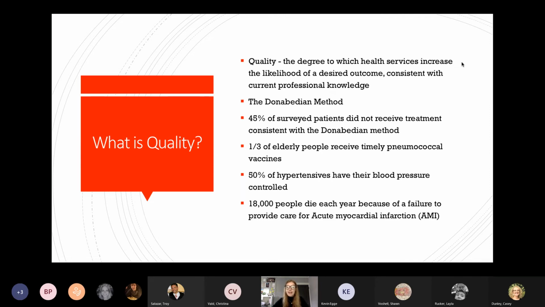And 18,000 people die each year because of a failure to provide care for acute myocardial infarction. And these are very simple things to treat. These are very standard things that should be happening on a consistent basis. But as you can see, it's not happening for a very large chunk of our population.